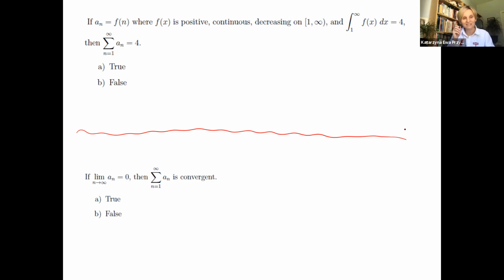If you check the section, I think it was 10.2 or 10.3, I was drawing rectangles, which represent the terms of the series, and the rectangles were always a little bit below or a little bit above the curve, and the area under the curve is the integral.